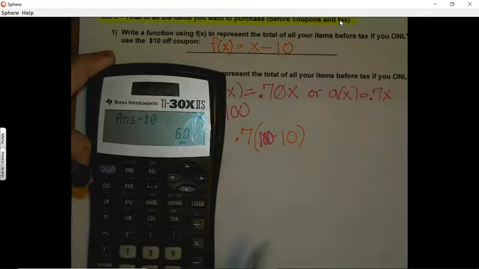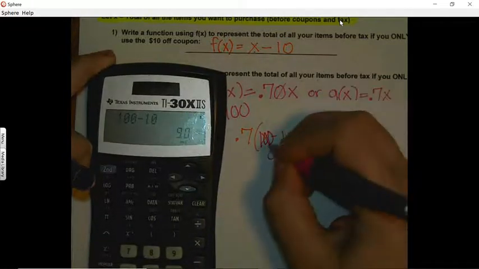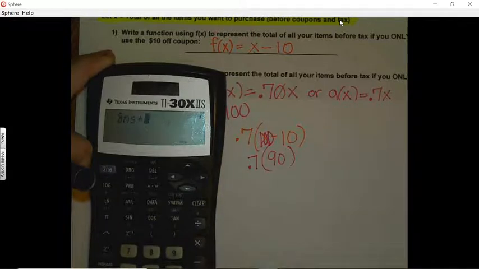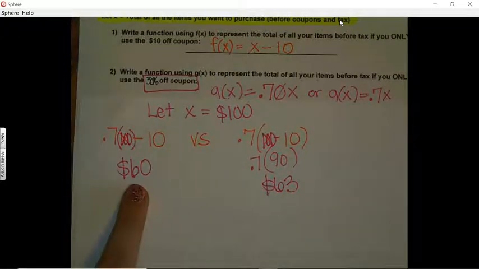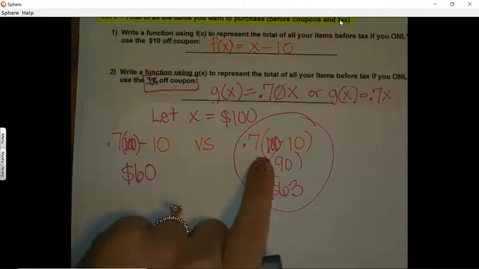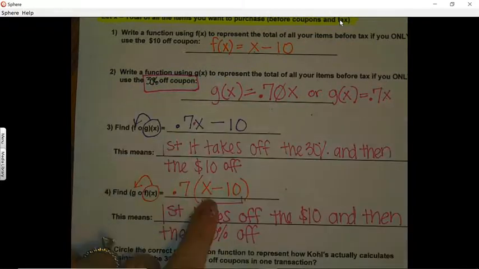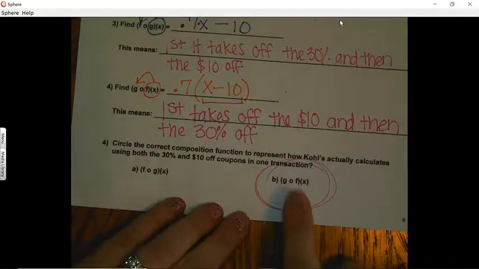Here, they would take off the $10, so that would be $90, and then the 30% off, so times 0.7, you're paying $63. So the one that was more is this one, the one where you do the parentheses first. So that is how I know that this is the one that Kohl's does.